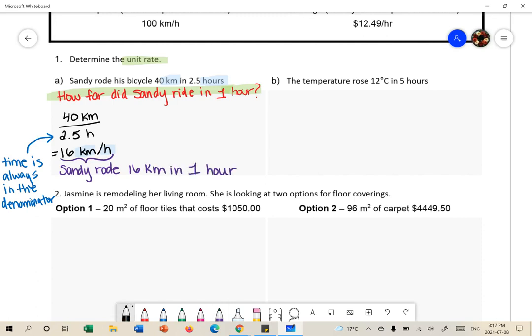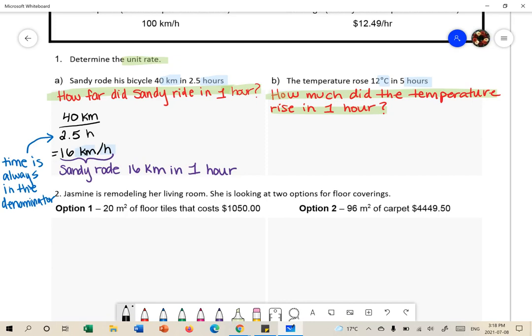B, the temperature rose 12 degrees Celsius in 5 hours. So my units are degrees Celsius and hours. Since hours is time, remember that time needs to be in the denominator. And this question is asking for the unit rate. So how much did the temperature rise in just 1 hour?